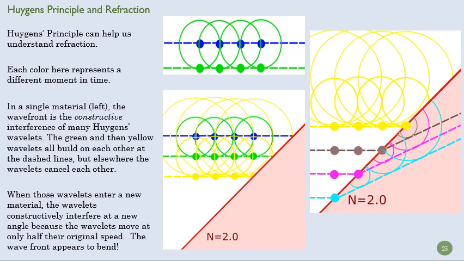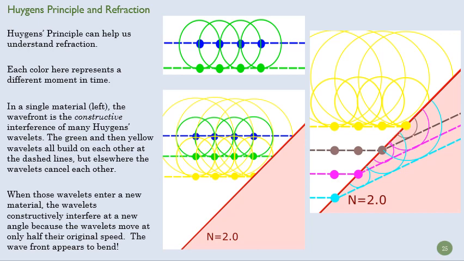And notice that its circle is smaller than these wavelets up here. Why? Because this is what index of refraction means. In this material, light travels 2 times slower. So in the same time step that the wavelet created this circle in my material up here, down here it creates a much smaller circle.